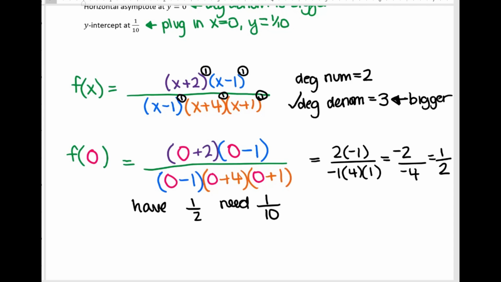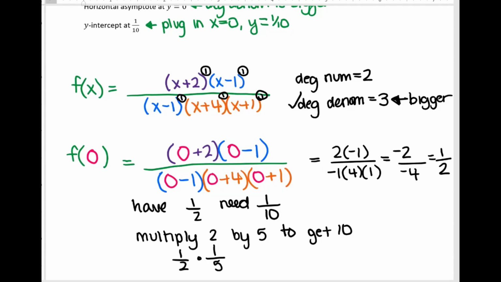We can multiply 2 by 5 to get 10, which means if we multiply 1/2 by 1/5, we would get 1/10, which means we need to add in a 5 in our denominator.